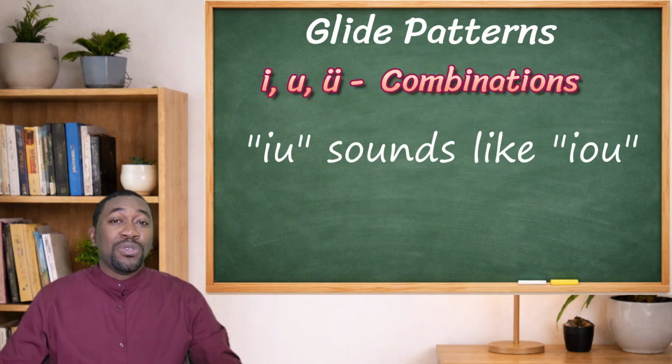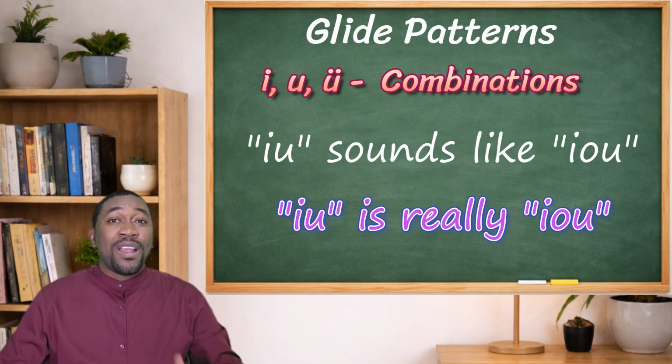Now, if you notice for IU, it sounds like yo, like there's an O somewhere there. And you're actually right. If you notice that, that's a very good observation because IU is actually a contraction for IOU. Yo.